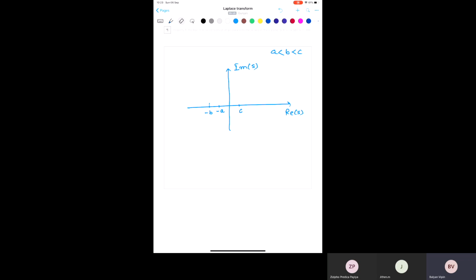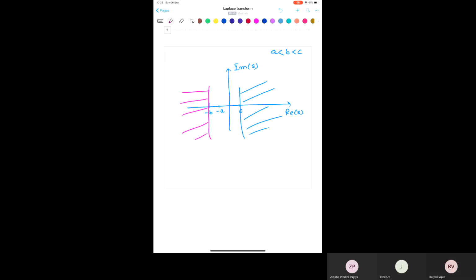Suppose it's in this range, then you will say greater than C, or less than B, or if it's between two numbers, between minus A and C. You can see they are strips parallel to the imaginary axis.